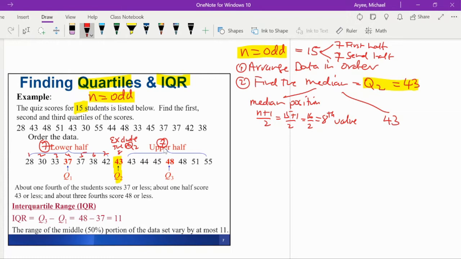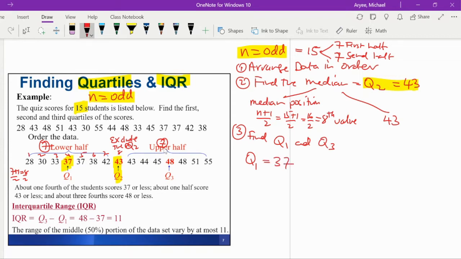All right, so next, let's first find Q1 and Q3. So Q1, now there's 7, so 7 plus 1 is 8 over 2, so that's the fourth. So 1, 2, 3, 4. So this is the fourth value. The fourth value is 37.